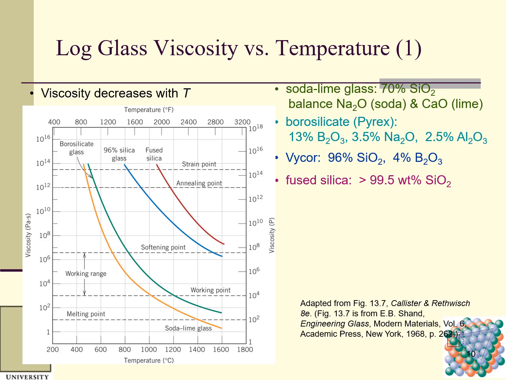Soda lime glass is 70% silicon oxide, the balance being sodium oxide and calcium oxide, lime. These are the different glass types, and you need to know them clearly.